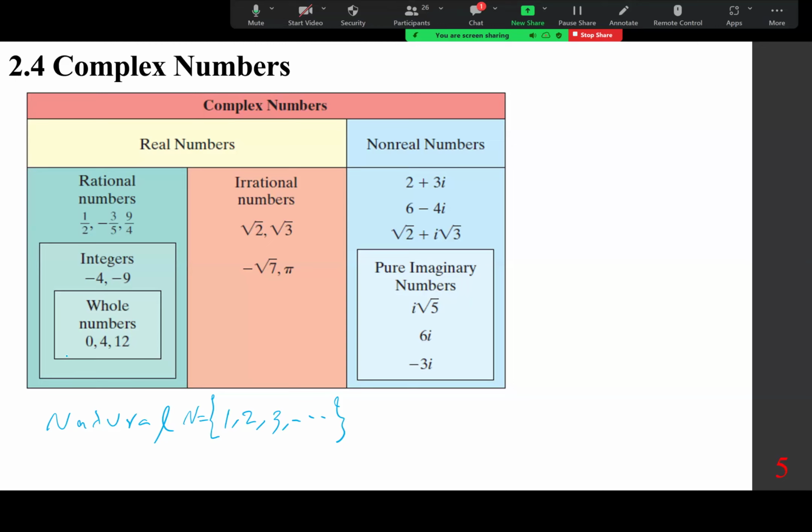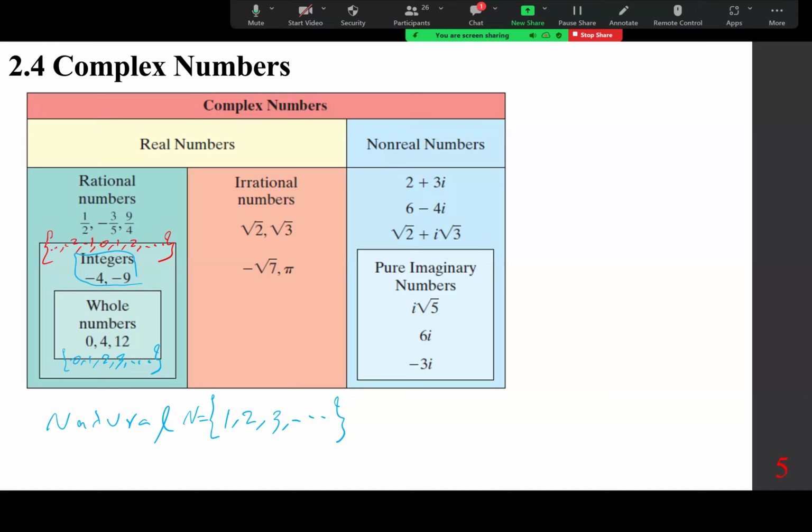Whole numbers, we add 0. Integers, we look at the negative side also, and we add to it. In other words, 0, 1, 2 to infinity, and -1, -2 to infinity.